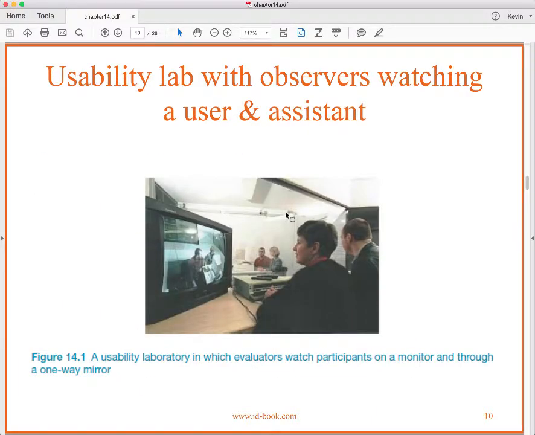Here's a nice picture of a usability lab with 2 observers here in the foreground who are watching a user and an assistant in the background.